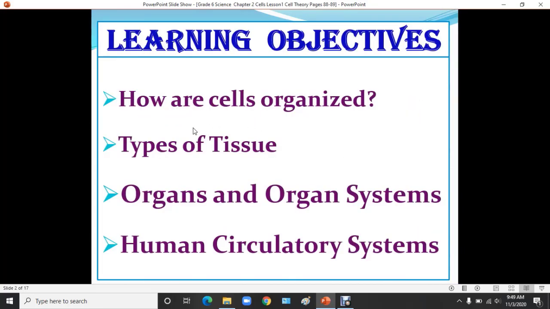Here we will get to know how cells are organized, what the different types of tissues are, organs and organ systems, and at the last we will get to know about the human circulatory system.